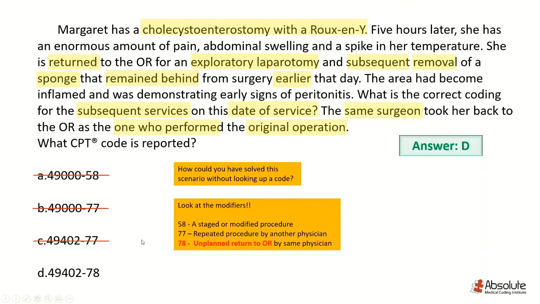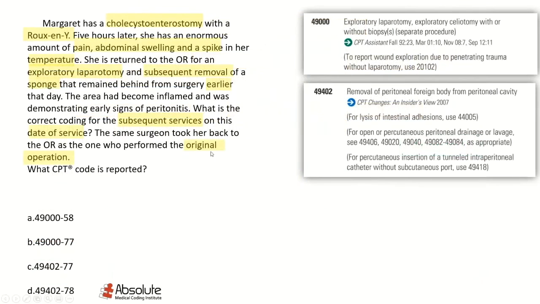We're not repeating something. We are repeating it, but we're having to go back because it's unplanned. That same physician is having to go back for an unplanned return because these sponges have been left behind. So we're going to take a look at how we get there. That's just a sneak peek on how you could do it with the modifiers.